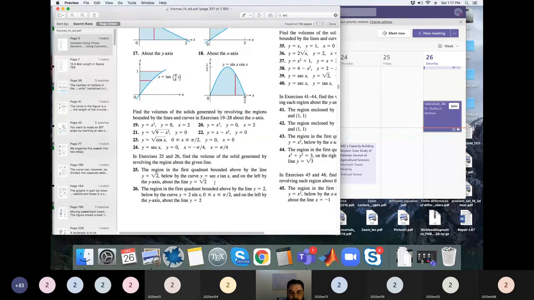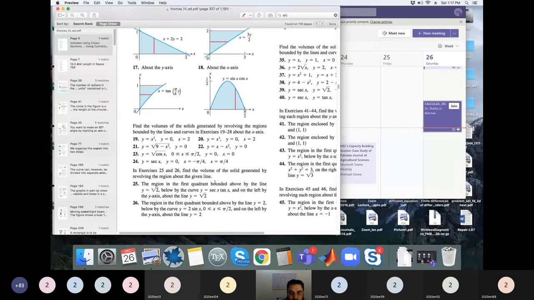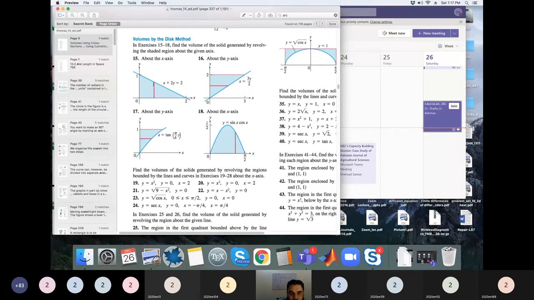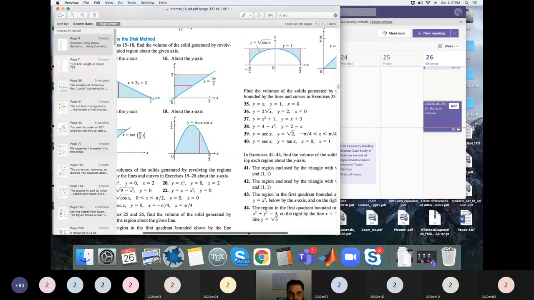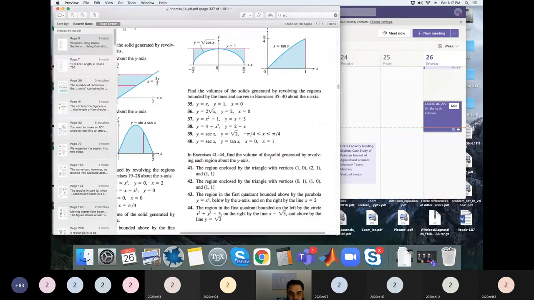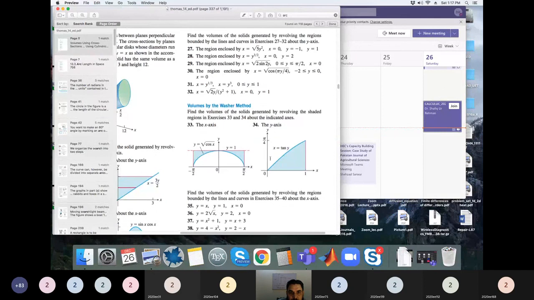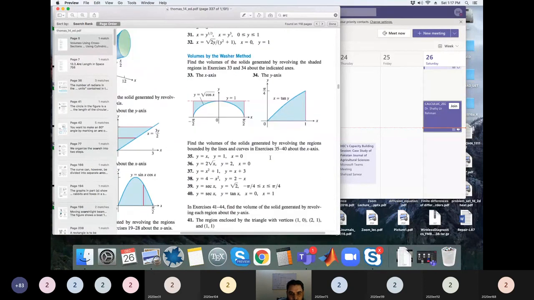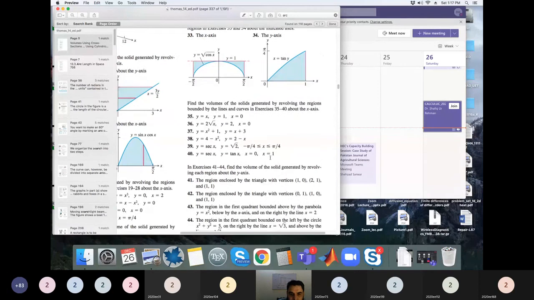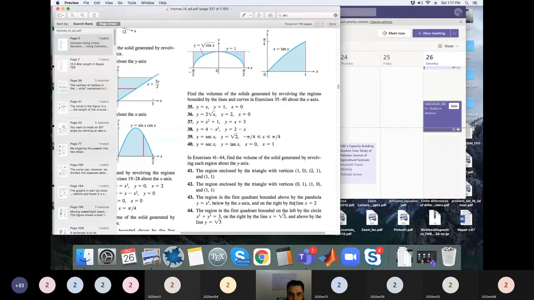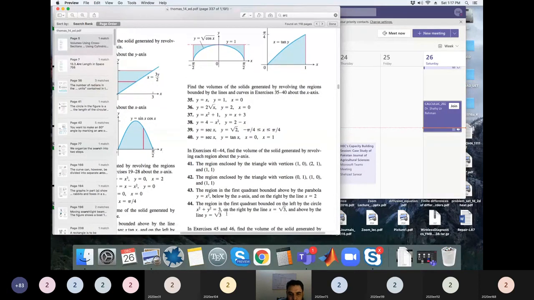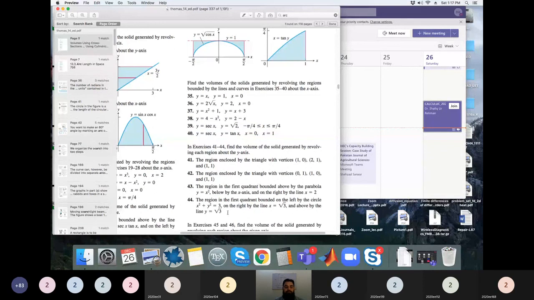I would ask you to look at those examples from 15 all the way to 44. For practice purposes, look at those examples from 15 to 45.